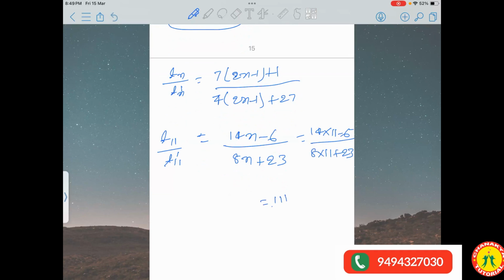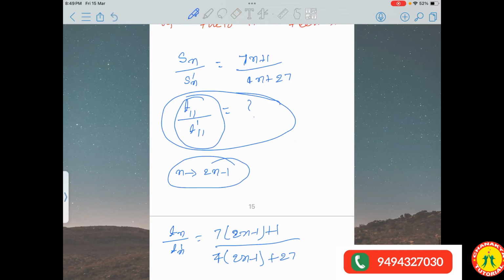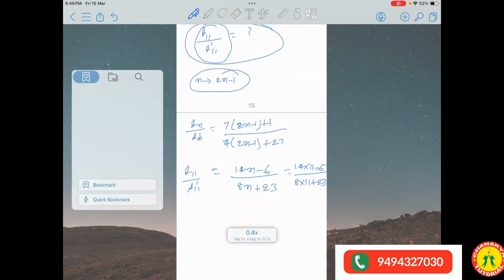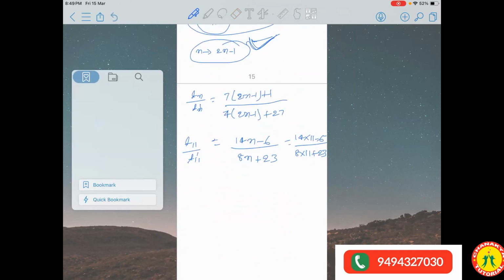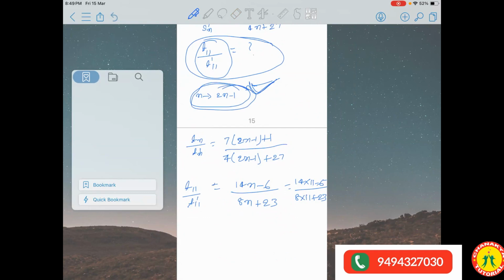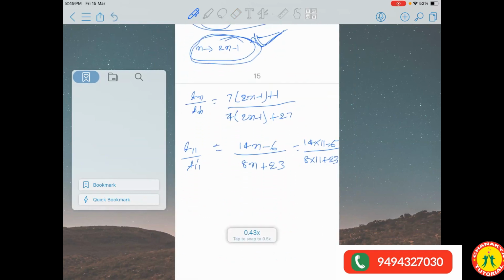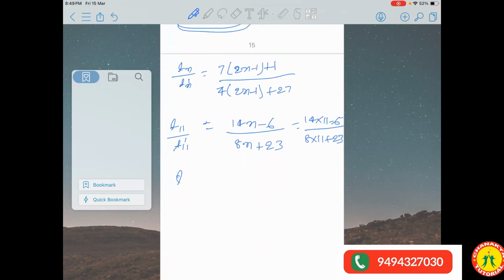I think you can solve it. But we have doubt now about how to replace these things, n with 2n minus 1. Now we need to remember this shortcut. I am telling how it comes. And also, if Tn ratio is given and you want to find the Sn ratio, then we replace n with (n plus 1) by 2.